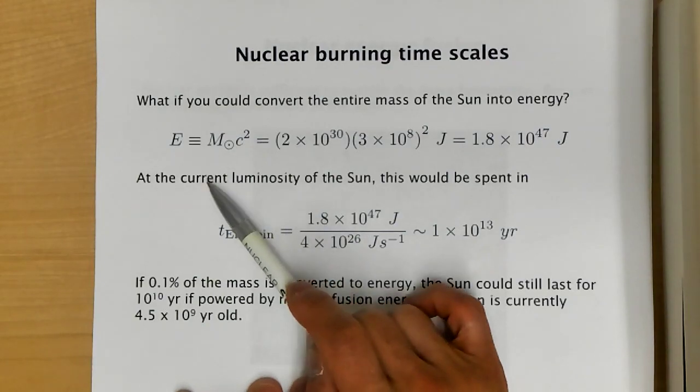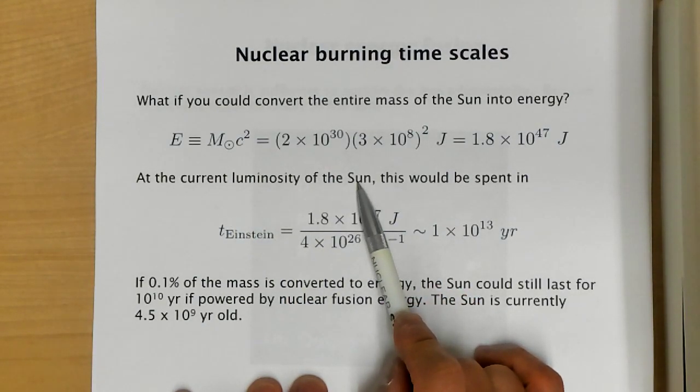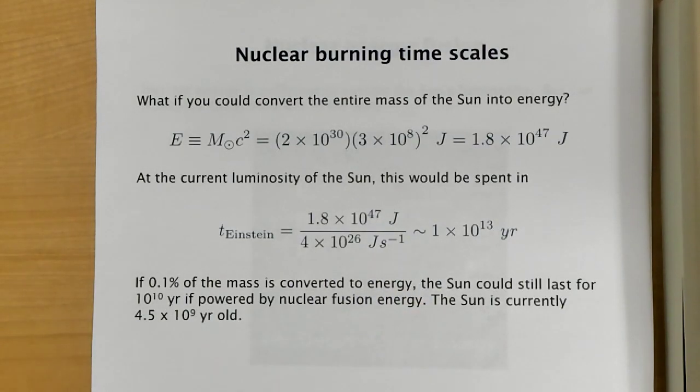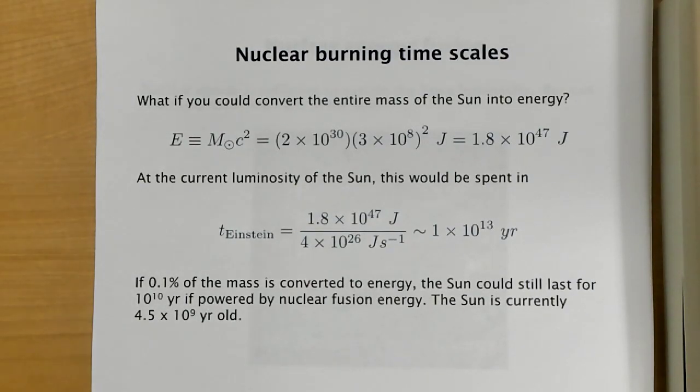Now, we can estimate the current luminosity of the sun by measuring the intensity of the sun's radiation at the location of the Earth, and then multiplying by the entire surface area of a sphere at the Earth-Sun distance.